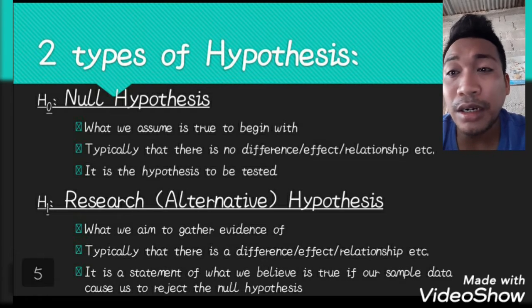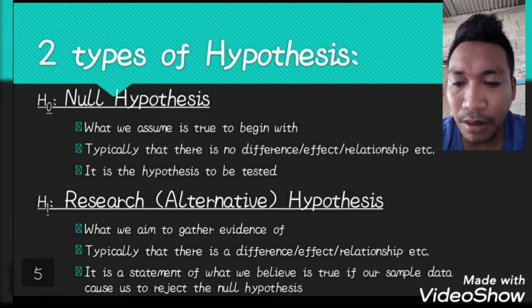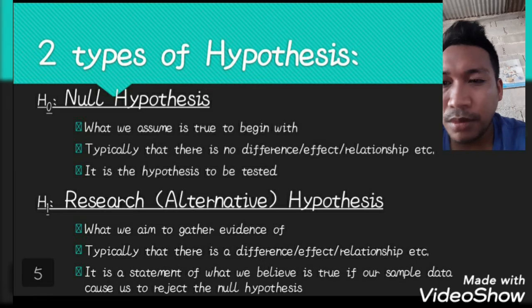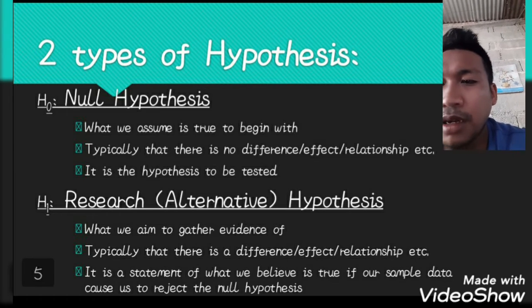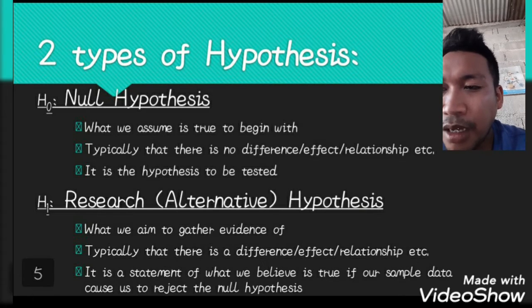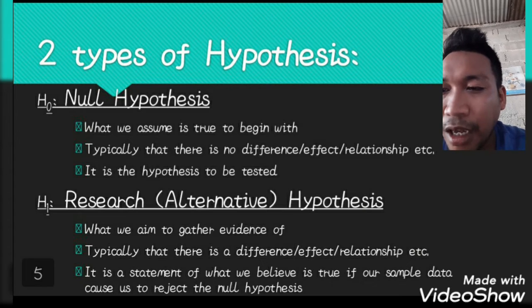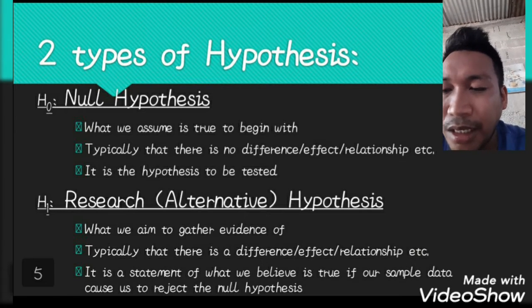And who are these hypotheses? Let us first define the null hypothesis. Null hypothesis: what we assume is true to begin with. Typically that there is no difference, effect, relationship, etc. It is the hypothesis to be tested.